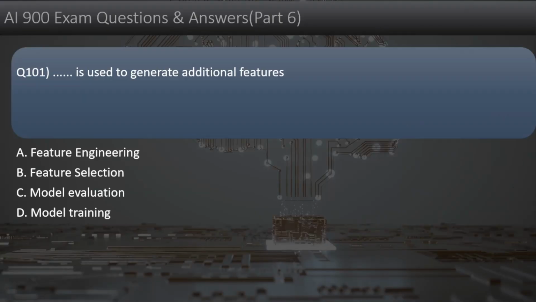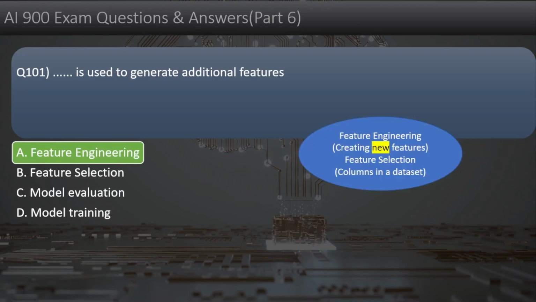Dash is used to generate additional features. Option A, feature engineering. Option B, feature selection. Option C, model evaluation. Option D, model training. The answer is feature engineering.